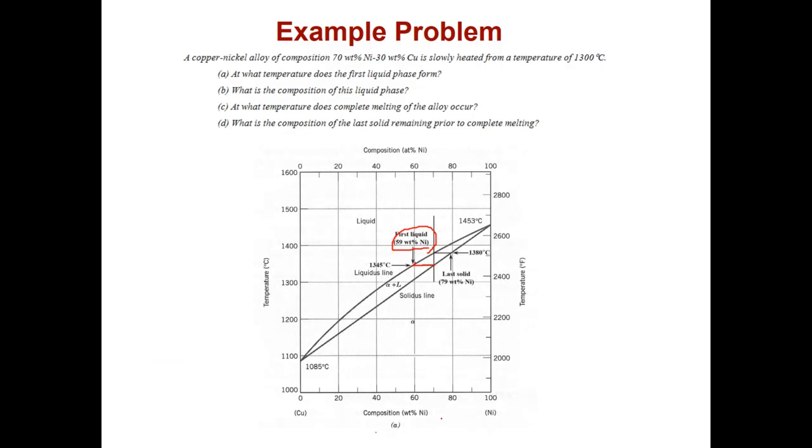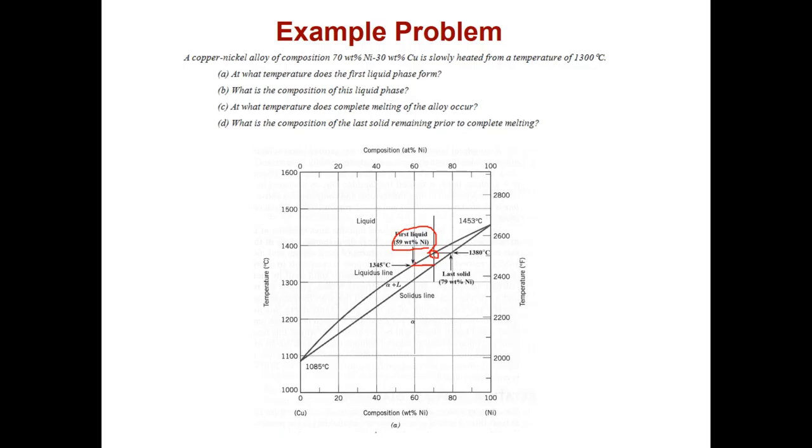Part C: at what temperature does the complete melting of the alloy occur? What we need to do is elevate the temperature. If we do that, it brings us to this point right here, the point where we are just about to leave the two-phase region.